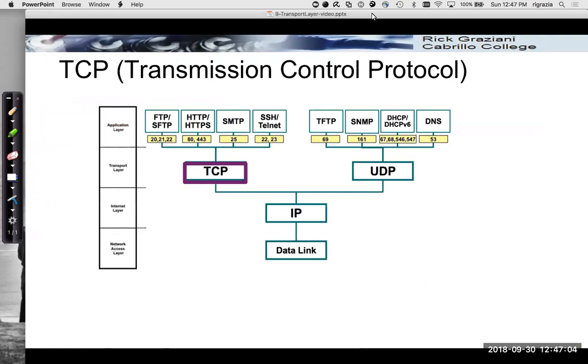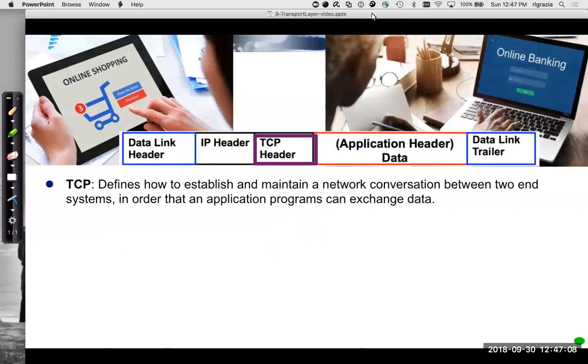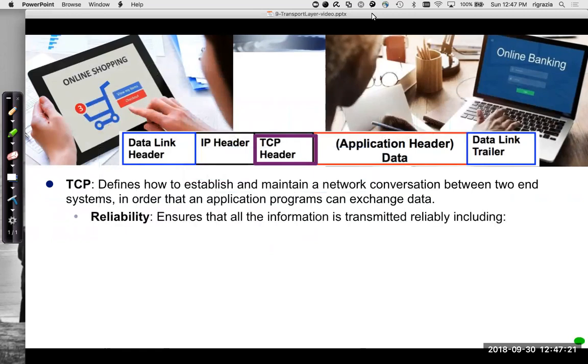All right, let's look at TCP, at least do an overview of that right now. TCP defines how to establish and maintain a network conversation between two end systems so that the application programs can exchange data. We're going to see how this is done a lot more in the upcoming videos.